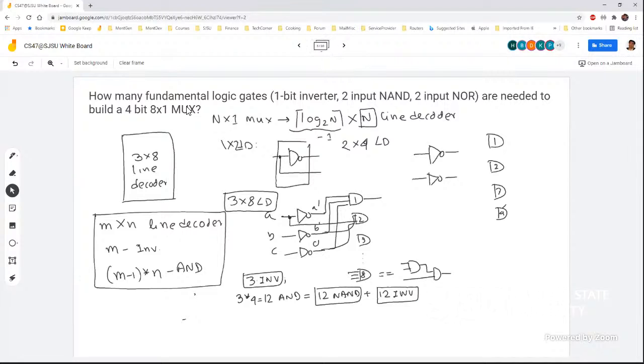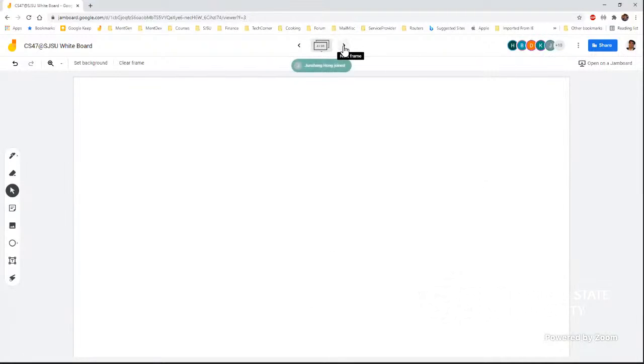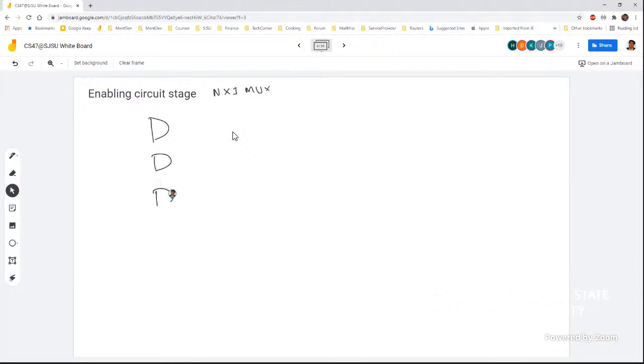Now let's talk about that one, enabling circuit stage. That logic stage, in general, if it is an n/1 mux, that enabler part has n number of AND gates, 1, 2, 3, till n.